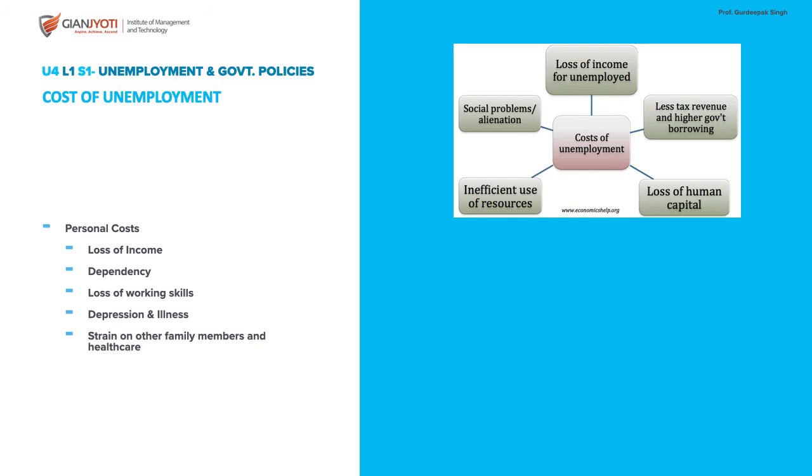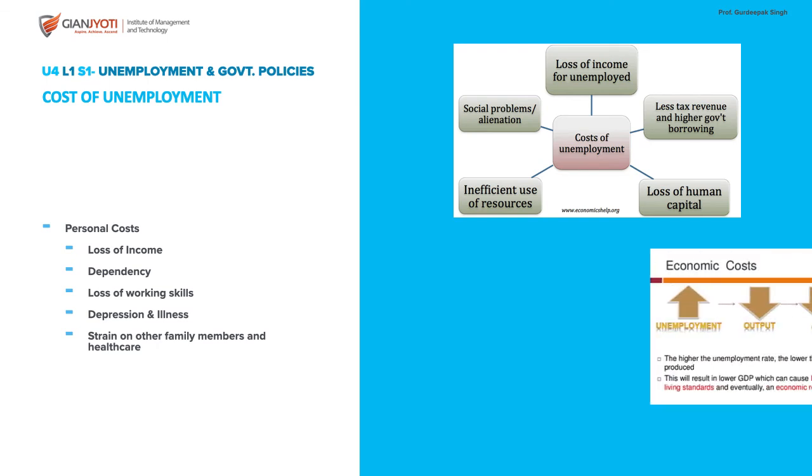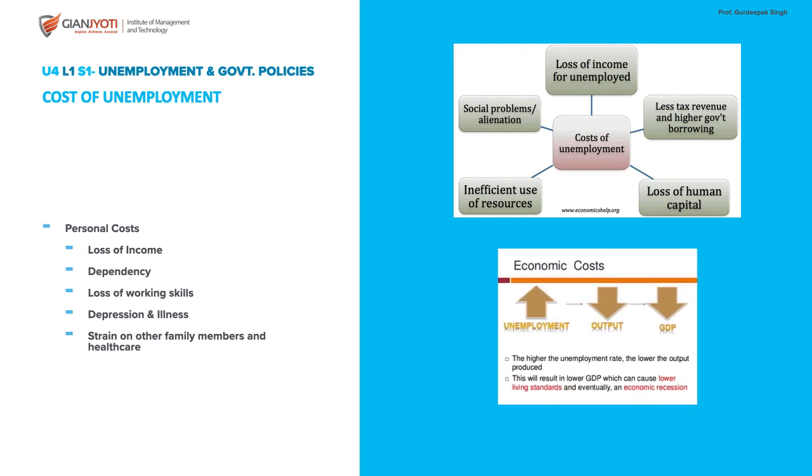As a result, the social problems and crimes go up. Simply put, the economic cost of unemployment as it is going up is reduced output, and as a result reduced GDP. So lower GDP can cause lower living standards and then comes your economic recession.